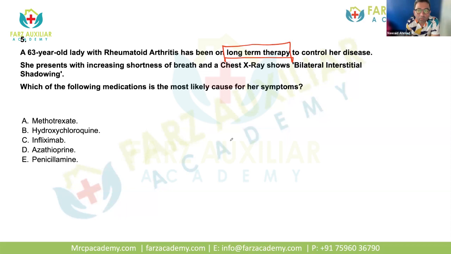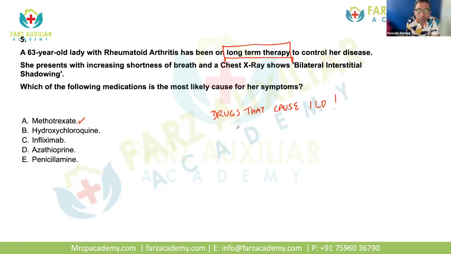So again, this is quite a common question in MRCP. Drugs that cause interstitial lung disease. Okay, and the top one is methotrexate. So as you can see, that would be the correct answer here.